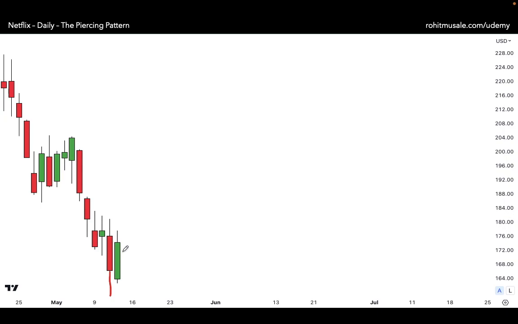So this is also a piercing pattern, but it's a variation, not an ideal version. The ideal version increases the probability that the trade will work out in your favor. A variation does not increase that probability, but it is still a piercing pattern.